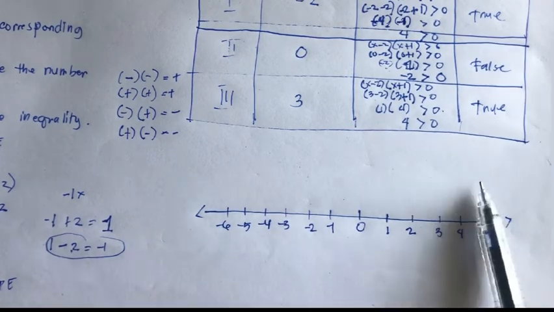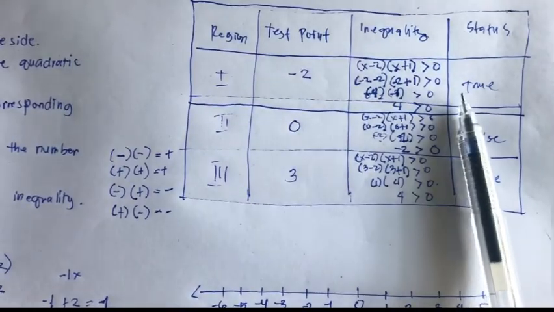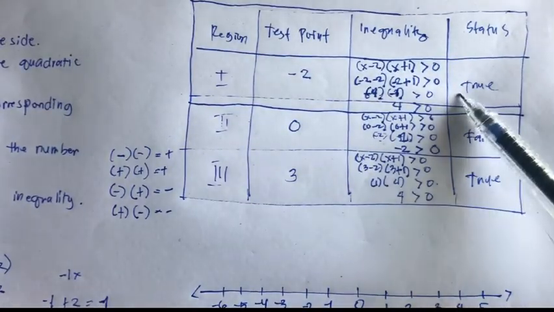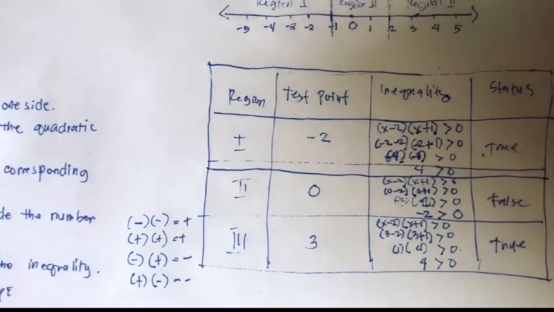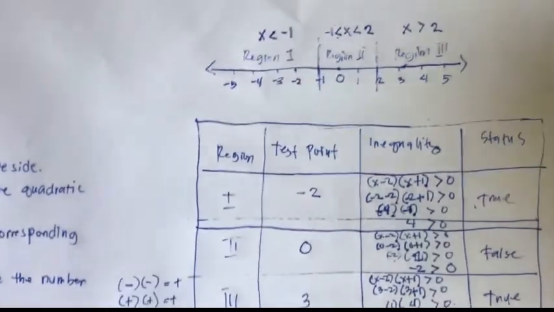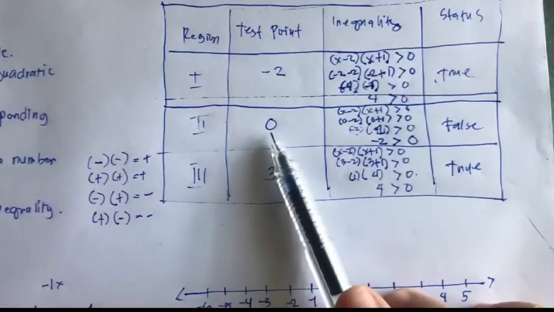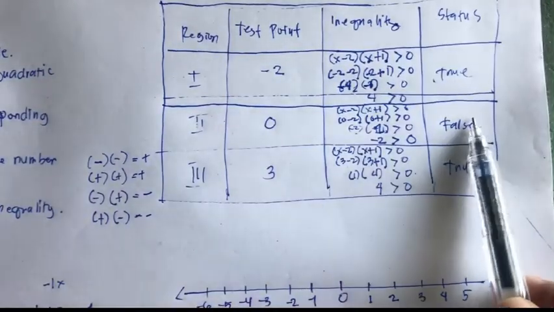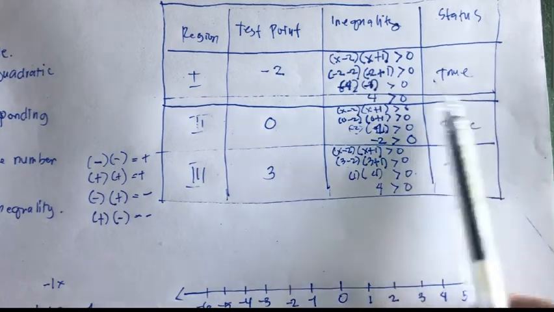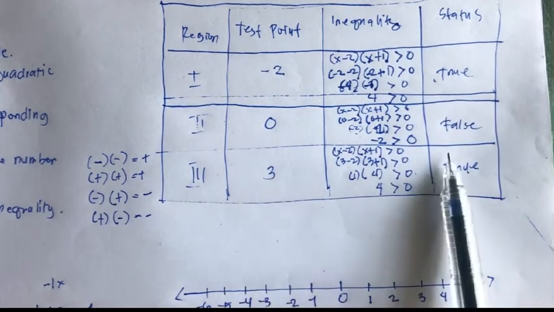So since negative 2 is true, that means negative 1 is a solution here. And then since 0, we have the status here false, then it is not considered as a solution. And we have here 3, that is true.